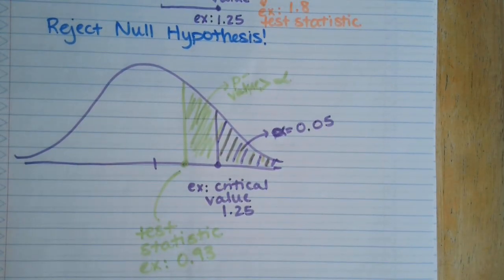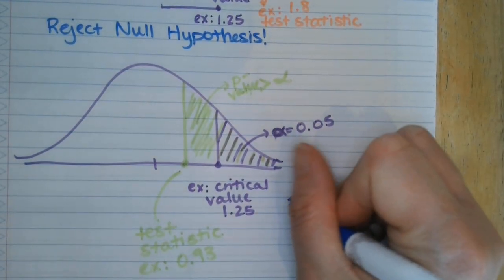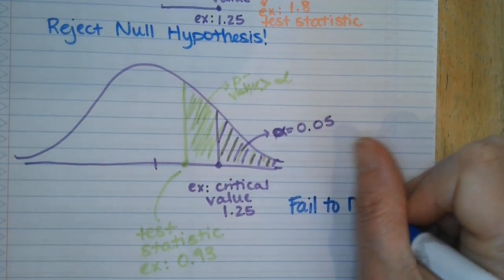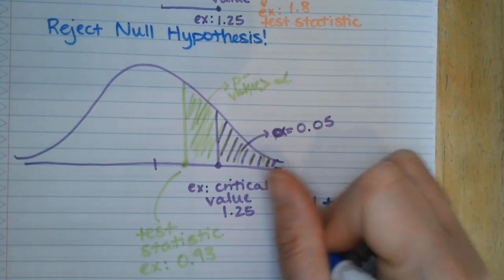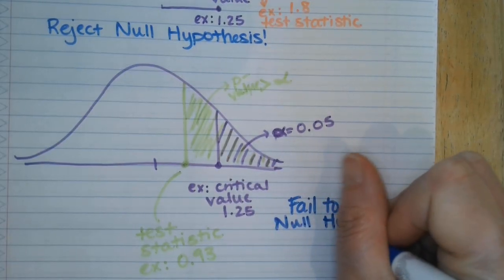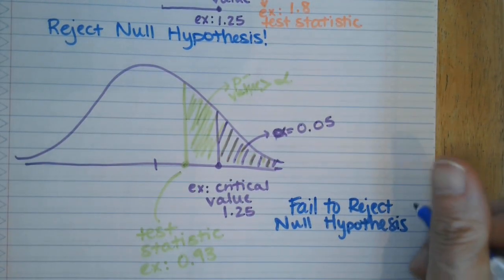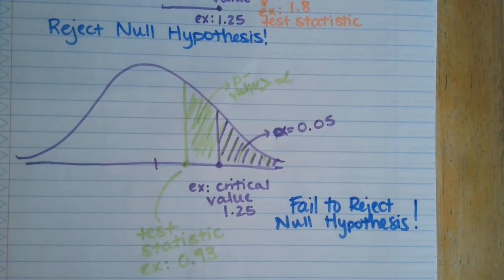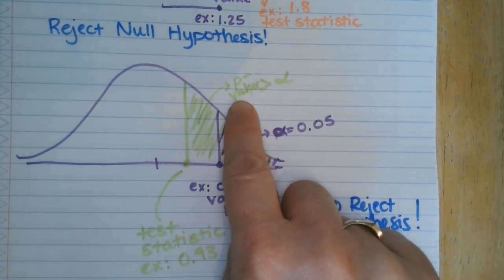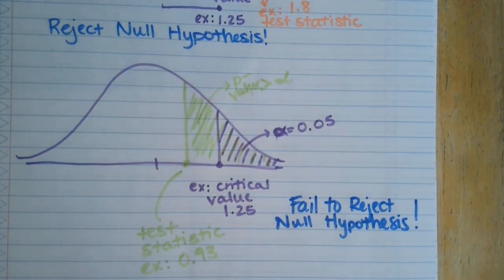I'm even closer to my assumed population mean. So in this case, we fail to reject the null hypothesis. Okay, we don't want to reject it because my p-value is going to be greater than alpha, a larger percentage, so we are okay.